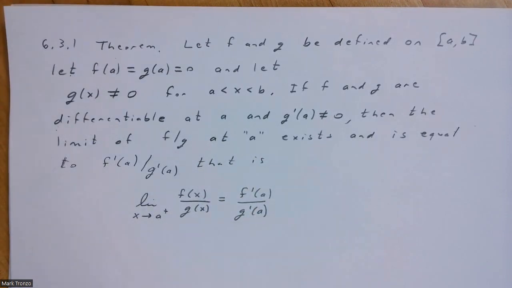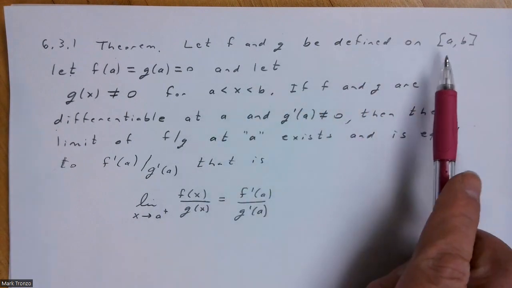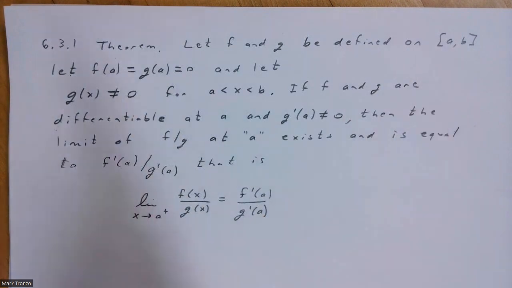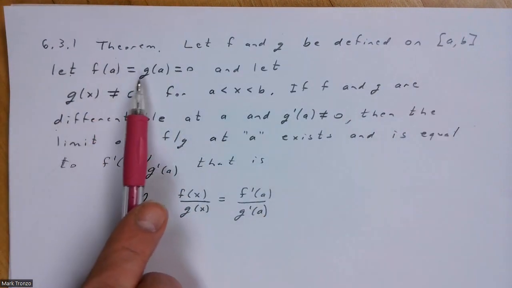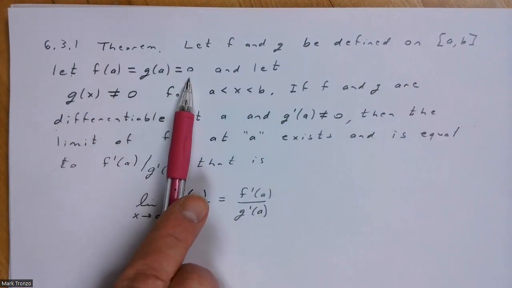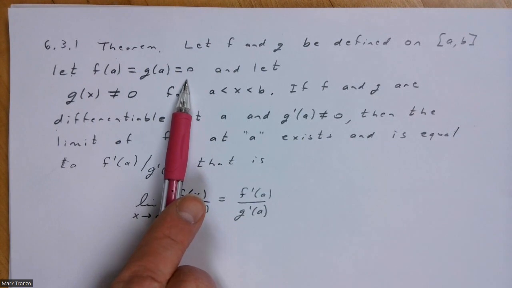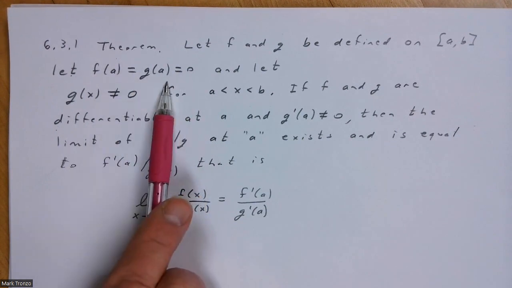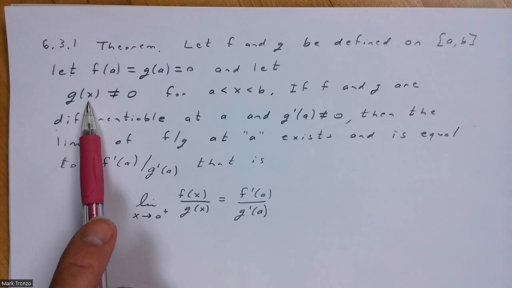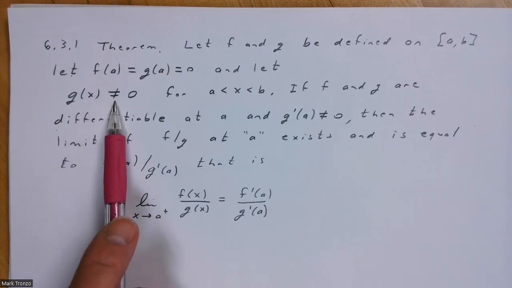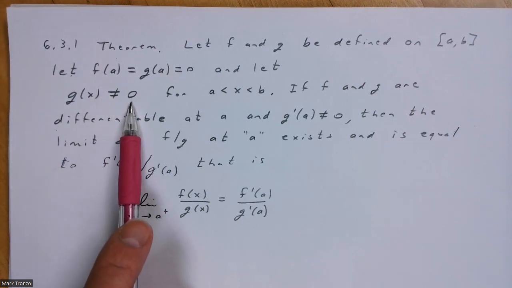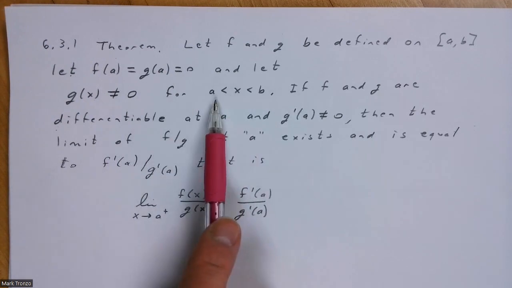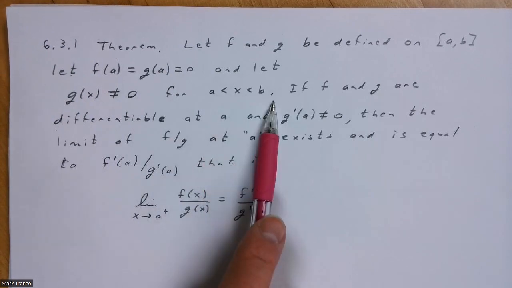So it's sort of a mouthful, but let's note several things. f and g are defined on the interval (a, b), and f and g at a are both 0. So we're going to have 0 over 0, and let g of x not be 0 between a and b.